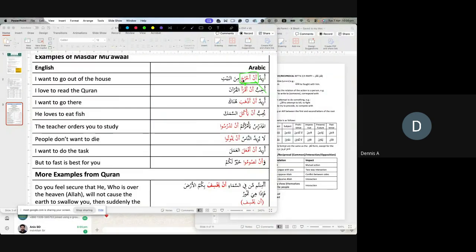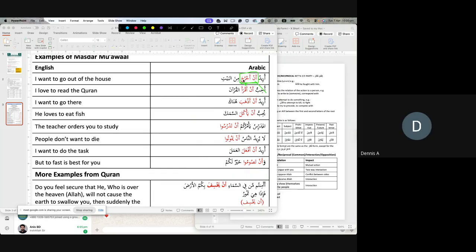I have a question. The mudari would immediately follow the particle an, and because it immediately follows the particle, it will take the irab mansub.